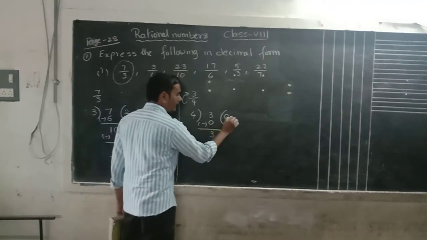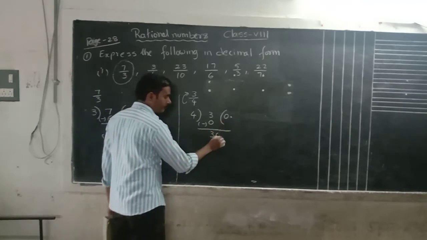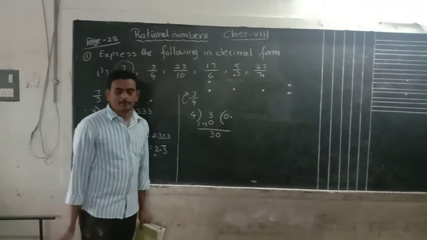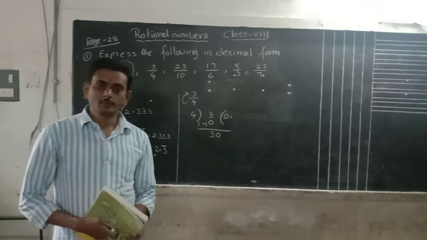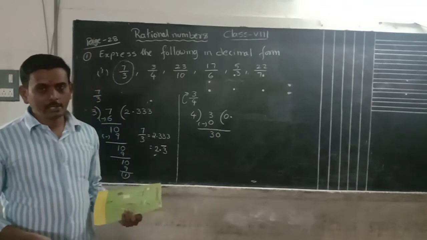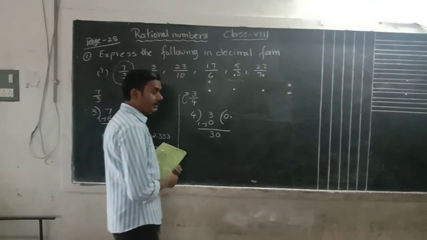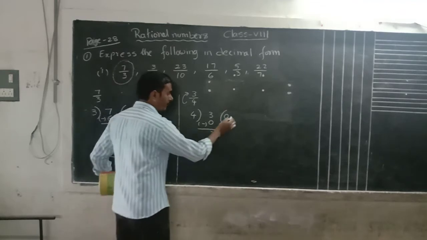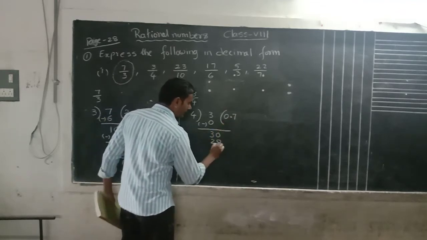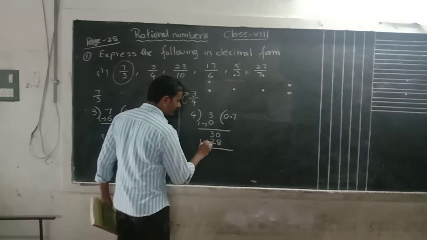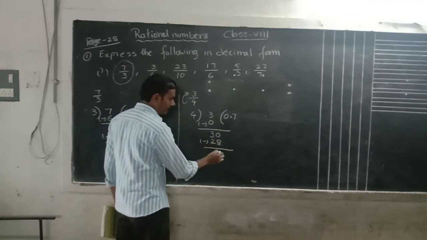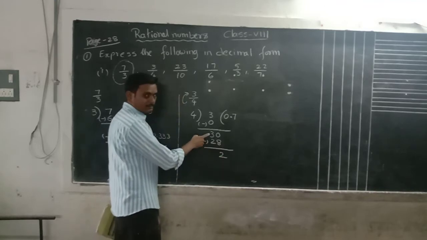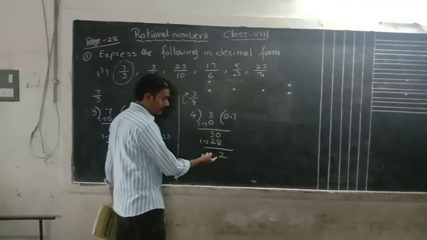Now we take the point here. After the point we take 10. Now we need the nearest or equal number for 30. 4 5 is 20, 4 6 is 24, 4 7 is 28, 4 8 is 32. 32 we do not subtract, so 4 7 is 28. Now subtract these two. By subtracting we get 2.